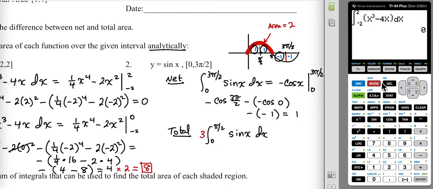All right, so a lot of the follow-up work is going to be the same. So negative cosine of pi over 2 minus negative cosine of 0. So that's going to give me a 1, but then I would multiply that by 3.